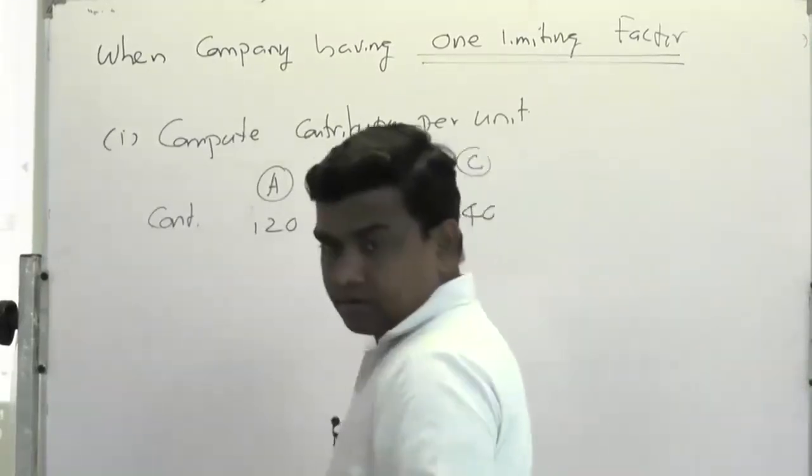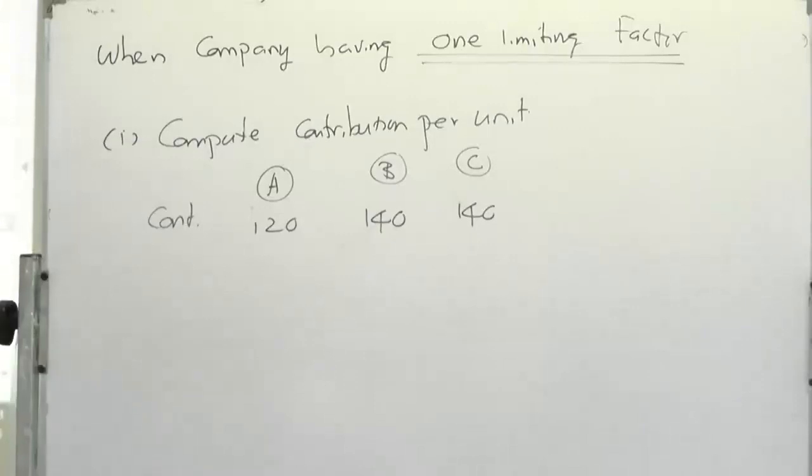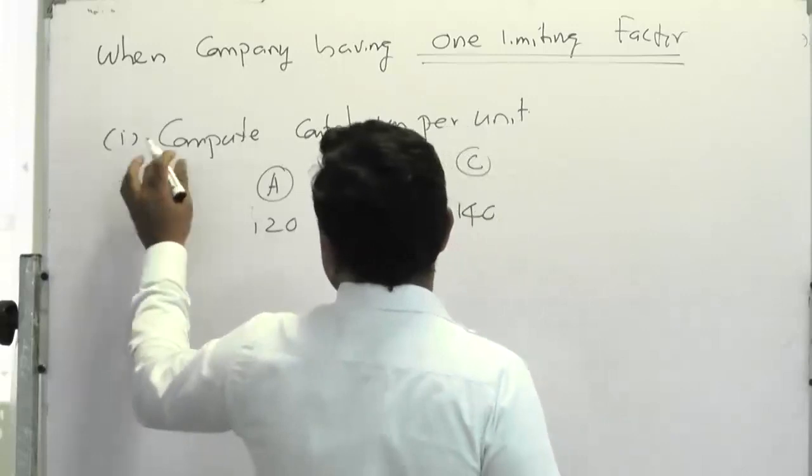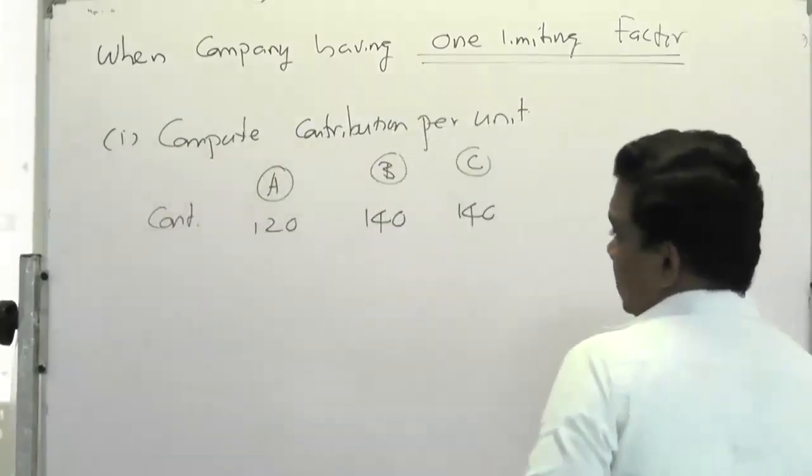Am I correct? 180 minus 60, 120. Then 220 minus 80, 140, then 210 minus 70, 140. First step, compute contribution per unit.